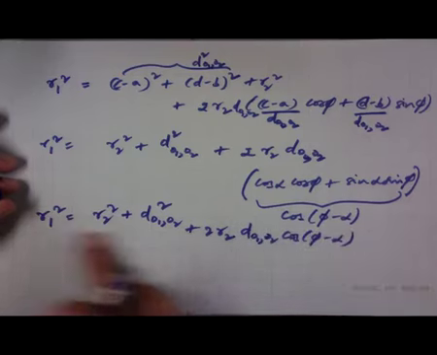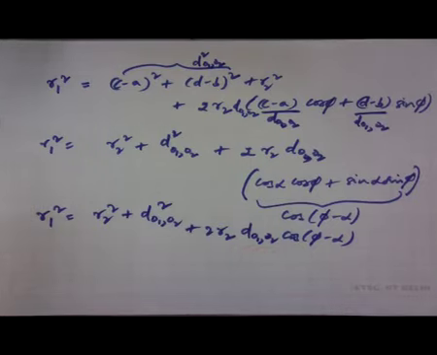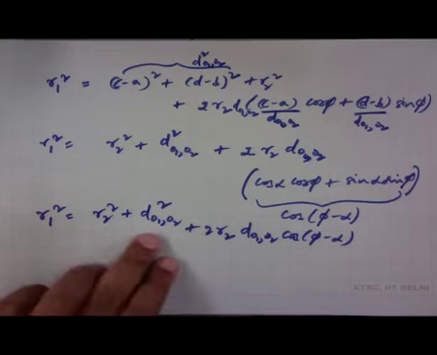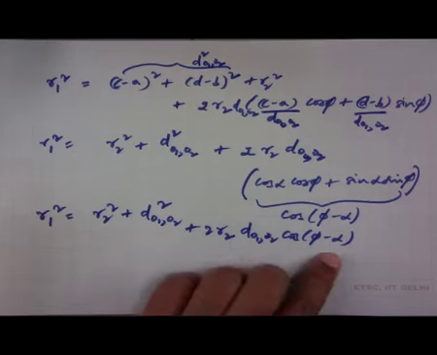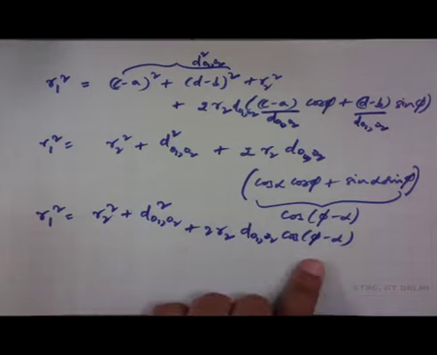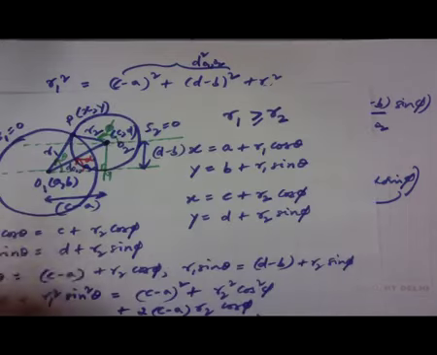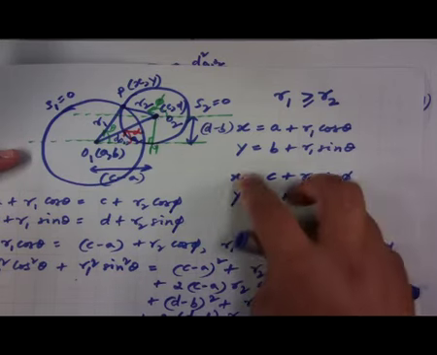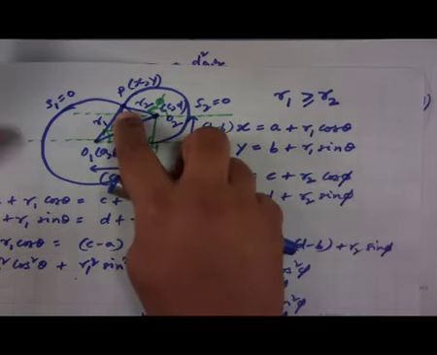Everything in this equation is known to us, because we know the equations of the two circles. So, we know the radius, we know the distance between the centers, and we know this angle alpha. What is not known is phi, which we can find by solving this equation. Once we know phi, we can very easily put the value of phi here and get the coordinates of this point of intersection.